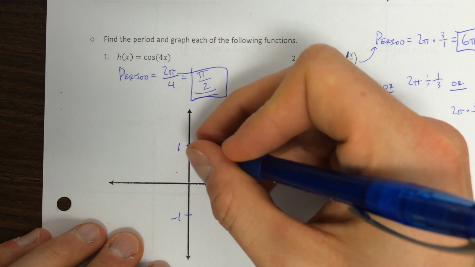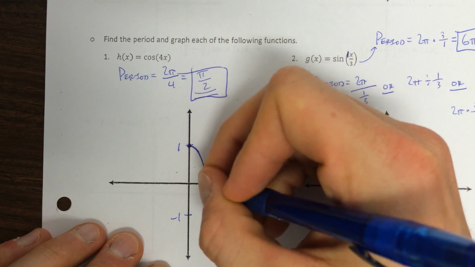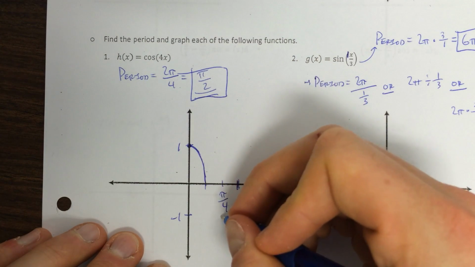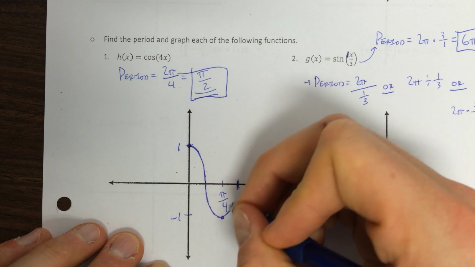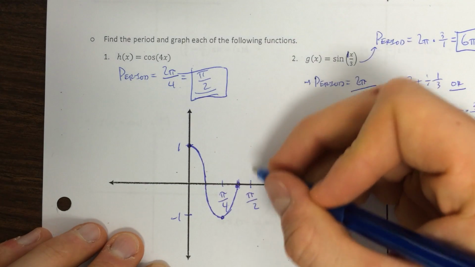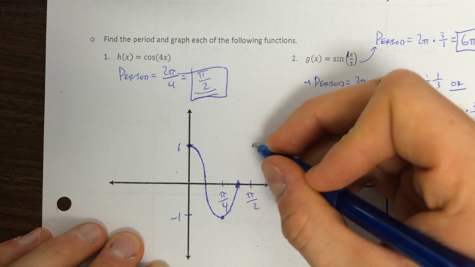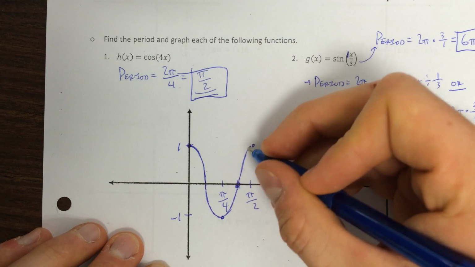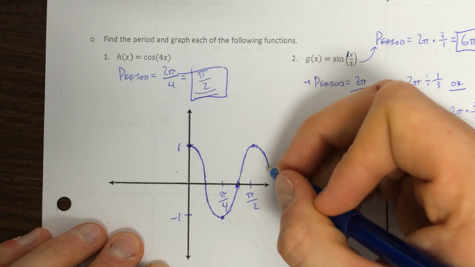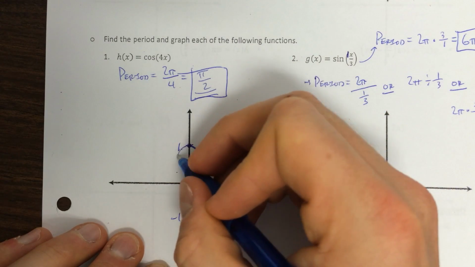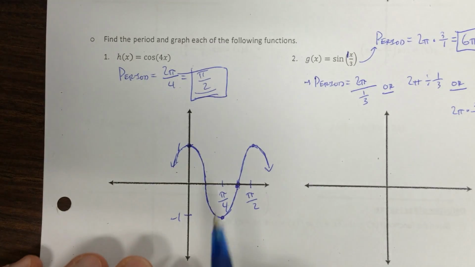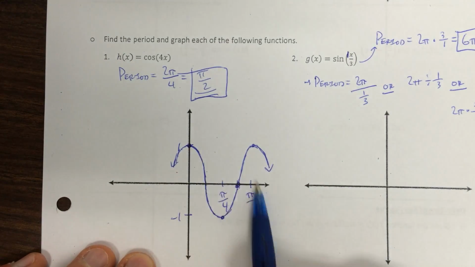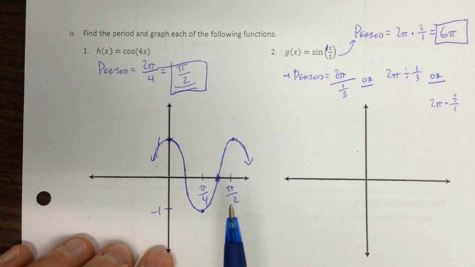But it's still going to hit 0 here. It's going to go down to -1 at pi over 4. Back up to 0 there. And then hit 1 at pi over 2. So again, it looks very similar to our parent function. The only thing that's changing is our period, and so our scaling changes.